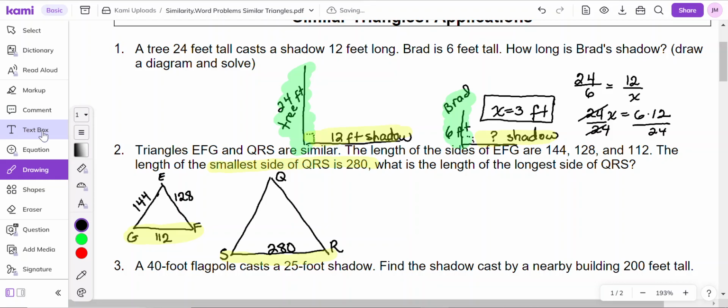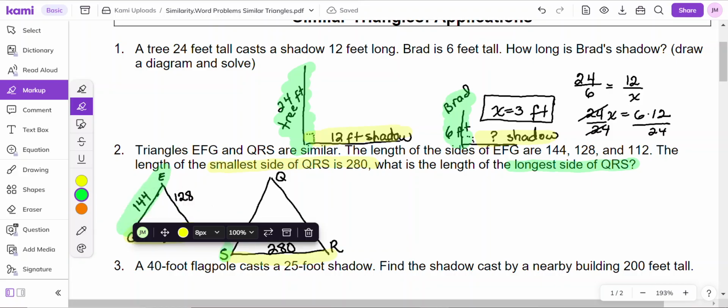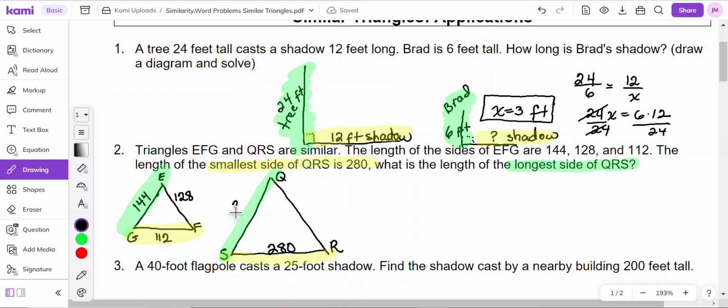And what do they want you to find? The longest side of QRS. And how do we know which one's the longest side? Louder? GE is 144, so SQ is the longest side here? Correct. All right.